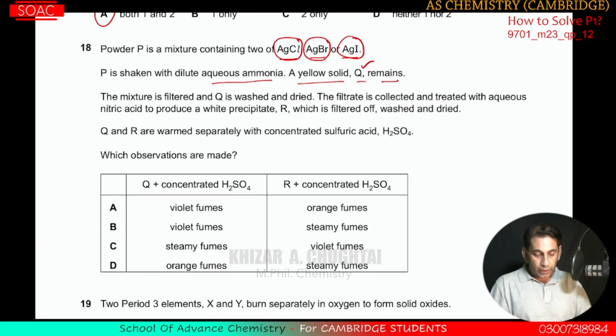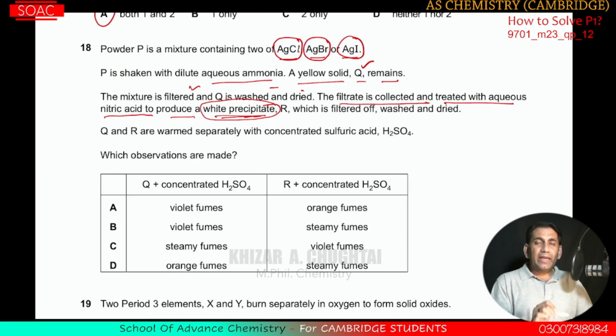The mixture is filtered and Q is washed and dried. The filtrate is cooled and treated with aqueous nitric acid to produce a white precipitate.